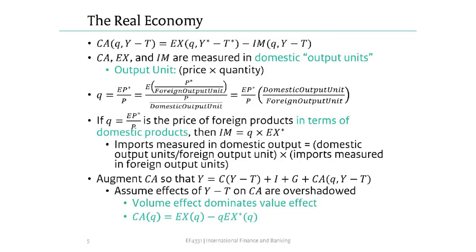You can do that for P star and also P. So at the end, when you rearrange all the terms, Q actually represents not just price ratios or an incentive to export-import, but also we're pricing foreign output in terms of domestic output. And this EP star over P, that's the price associated with the foreign output.